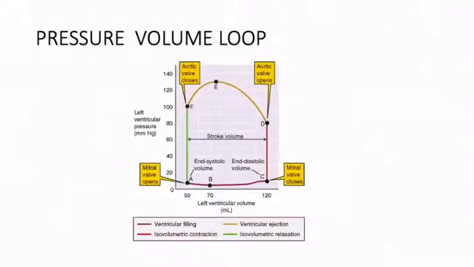Coming to the pressure volume loops, let me show you what happens in acute MR. Here we can see that once the mitral valve opens, there is LV filling. Once the mitral valve closes, there is isovolumetric contraction leading to LV ejection, followed by isovolumetric relaxation.